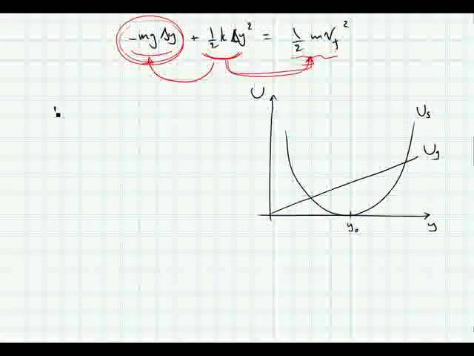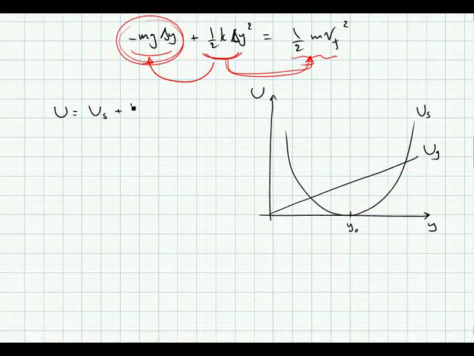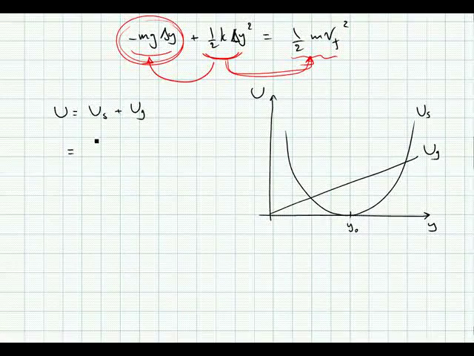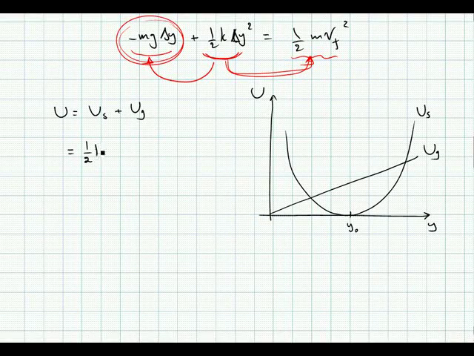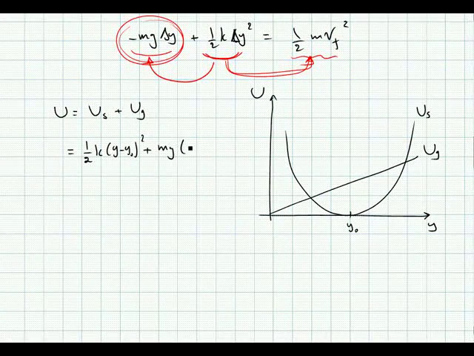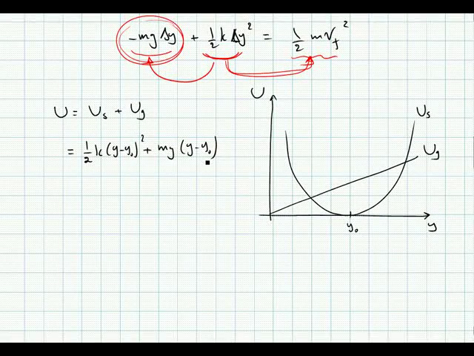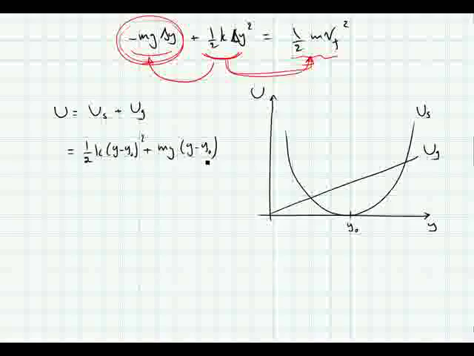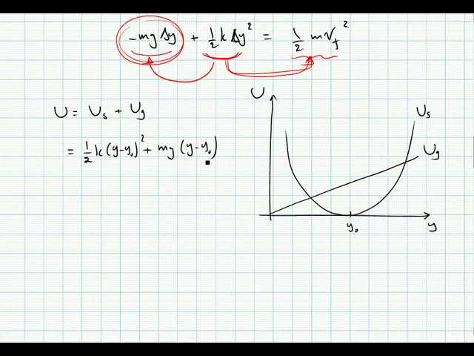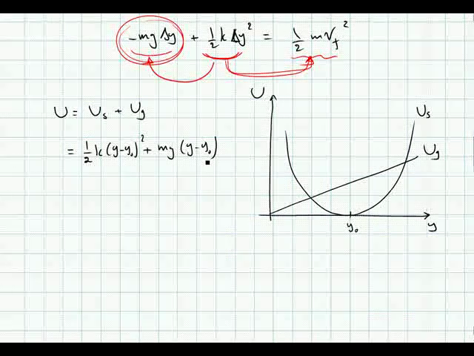So total energy u is equal to spring potential energy plus gravitational potential energy, which is equal to 1/2 of k times y minus y naught squared plus mg times y minus y naught.